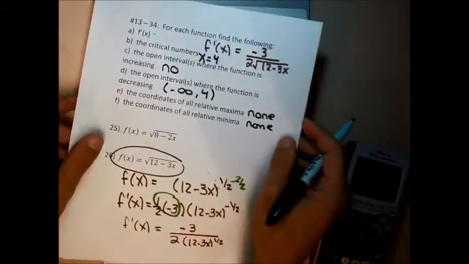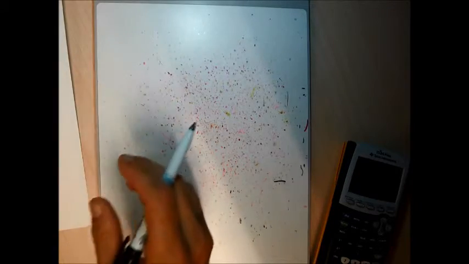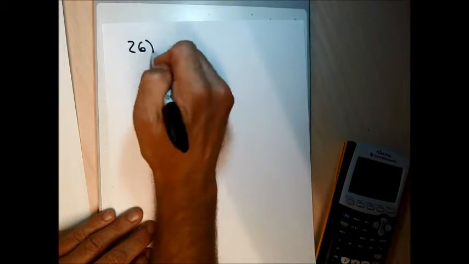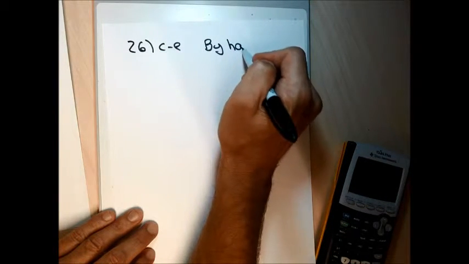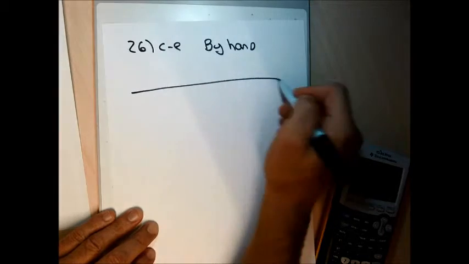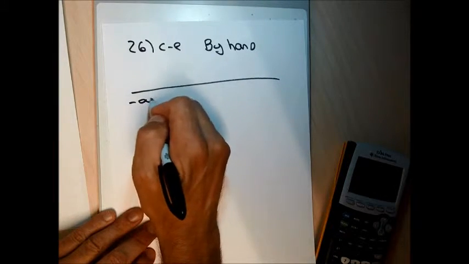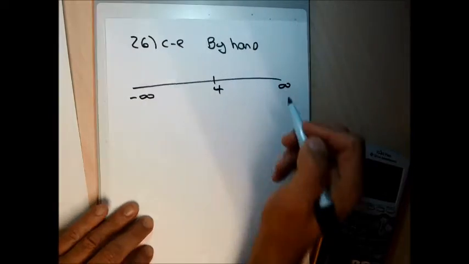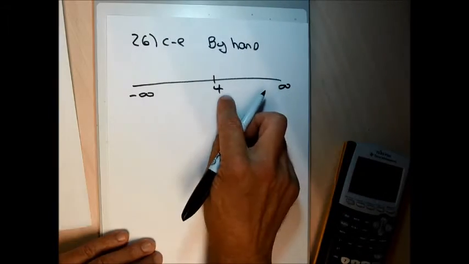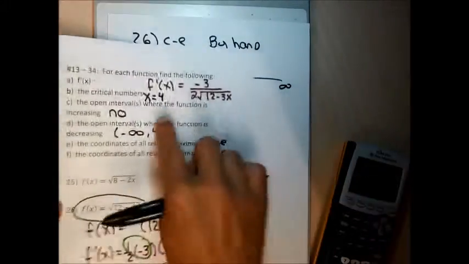To get answers C through E for test purposes, so for 26, C through E, the by hand approach: on my number line, I'll pretend I don't know anything about the domain of this problem. I'd put negative and positive infinity on the edges of my number line and the only critical number, 4, between them.